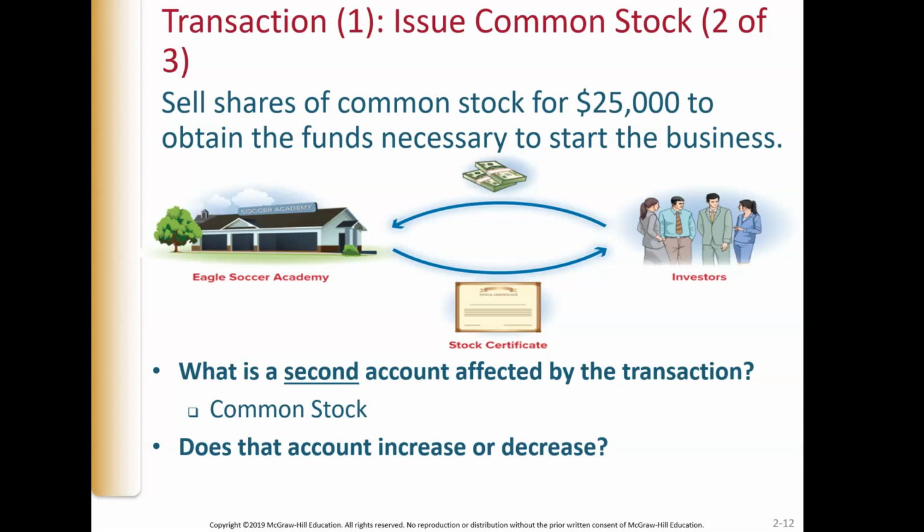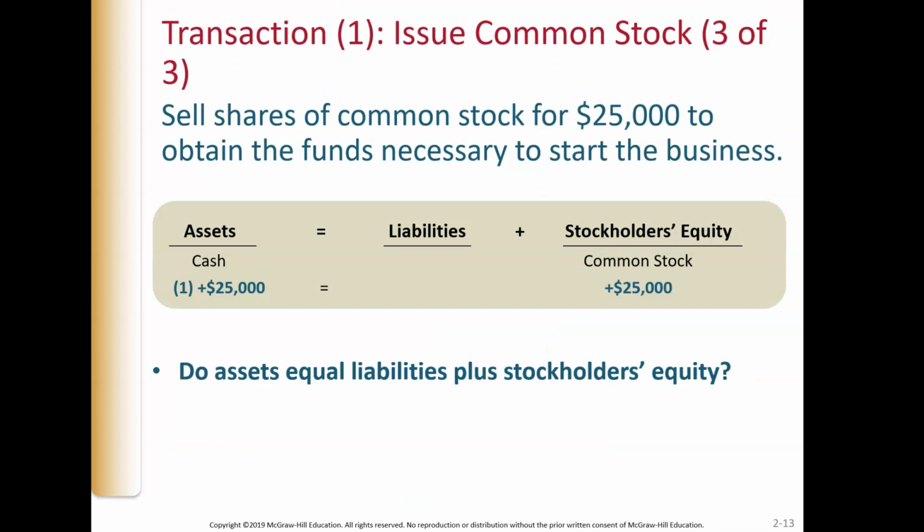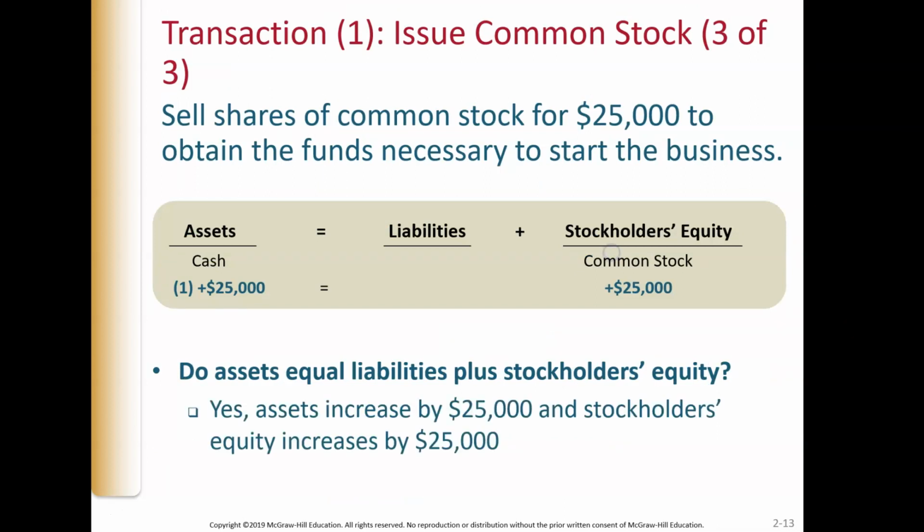Does it increase or decrease? Well, it increases because it was 0 and now it's 25,000. In other words, there's owners in the business. There's a balance in the common stock account, therefore equity. What does that look like? It looks like this. Cash increases and common stock increases. So we still balance.